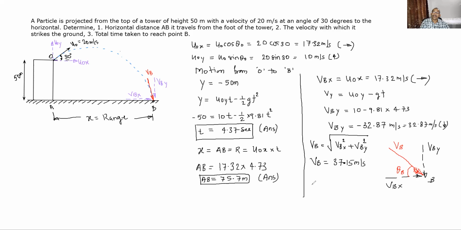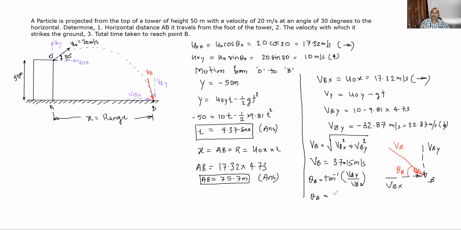And if you want to find theta, tan of the angle theta B is VBY upon VBX. That means theta B is tan inverse of VBY upon VBX. As we already considered the direction, we substitute VBY with a positive sign: VBY is 32.87 and VBX is 17.32, and take tan inverse of this.